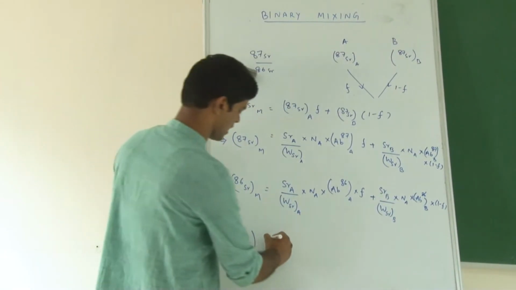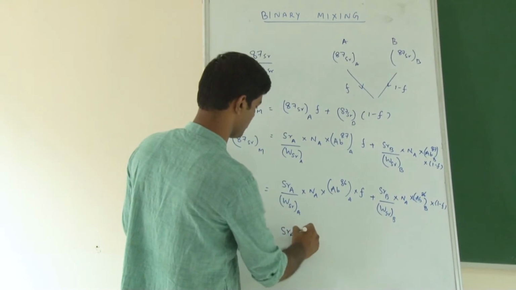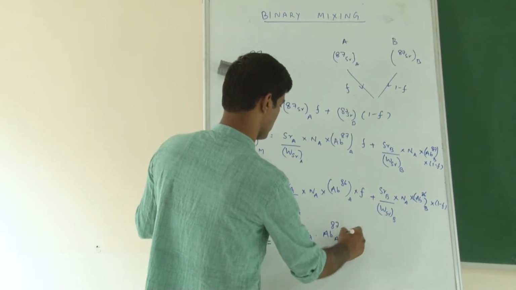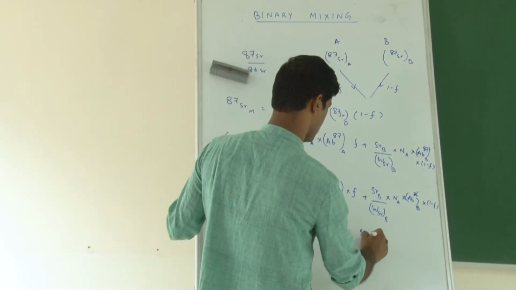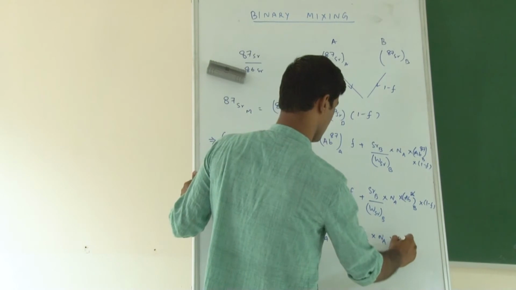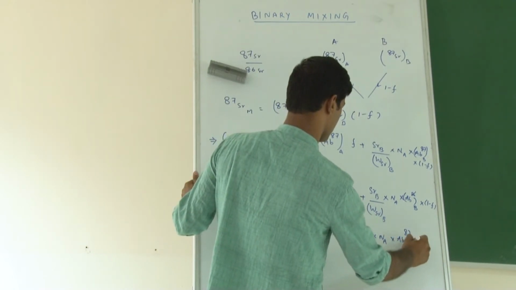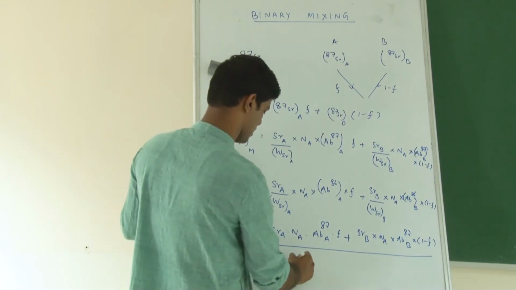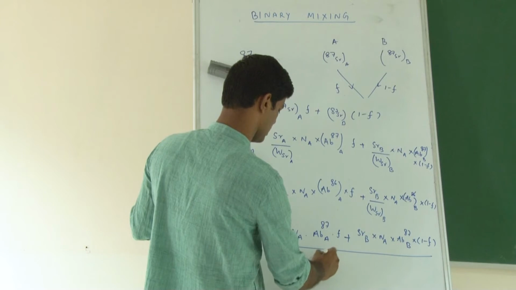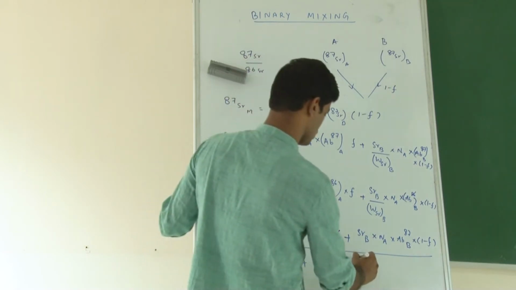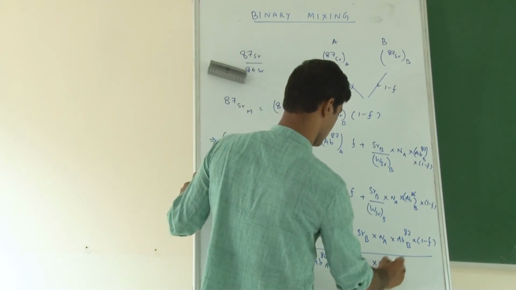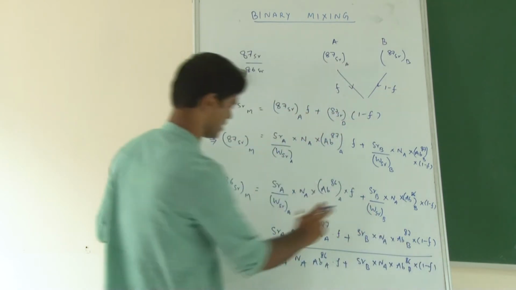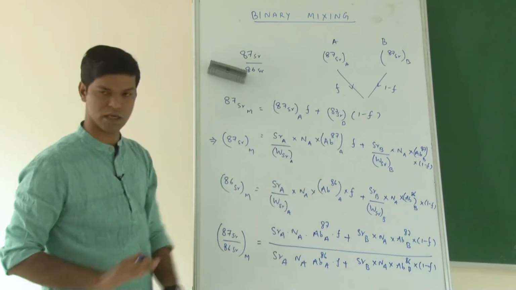If you do that, then this expression simplifies to strontium A into Avogadro's number, atomic weight of 87 A into F, plus strontium B into Avogadro's number, abundance of 87 B into 1 minus F, divided by strontium A into Avogadro's number, abundance of 86 A into F, plus strontium B into Avogadro's number, abundance of 86 B into 1 minus F. I just rearrange them, the atomic weight A, B has been cancelled out.